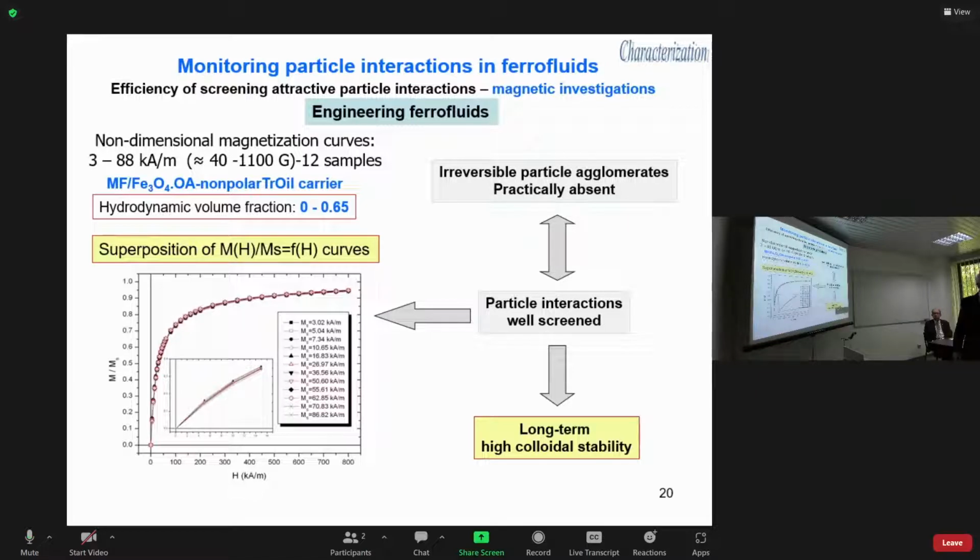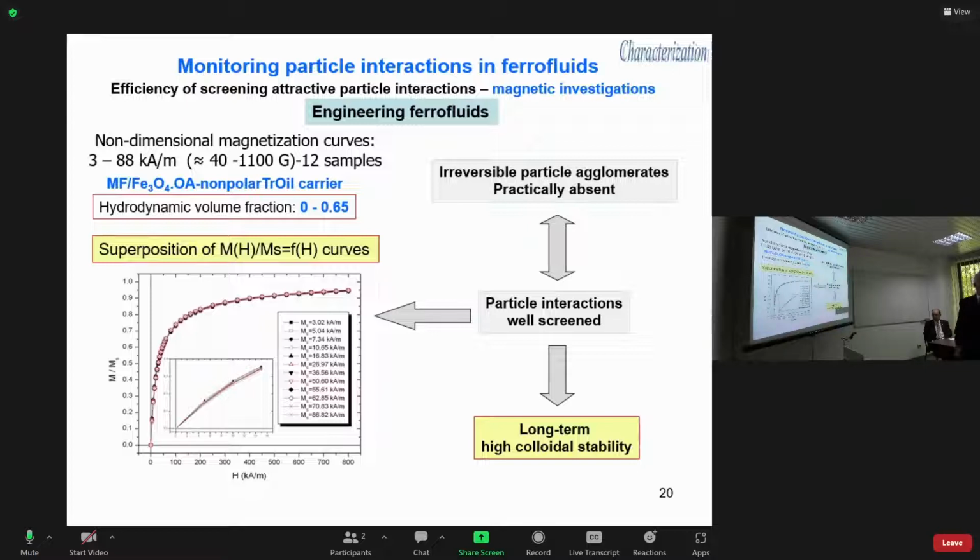Actually, ferrofluids with magnetite can attain 100 kiloampere per meter, that is approximately 1,400 Gauss, but these are already not very good flowing material, but up to 1,200 Gauss we prepared in the lab. It's also prepared by our industrial company, so this is a good limit.